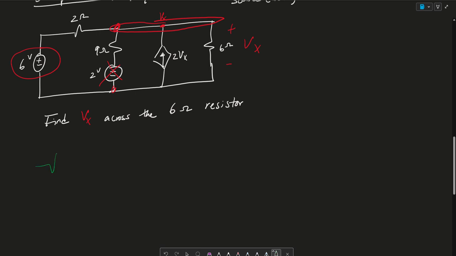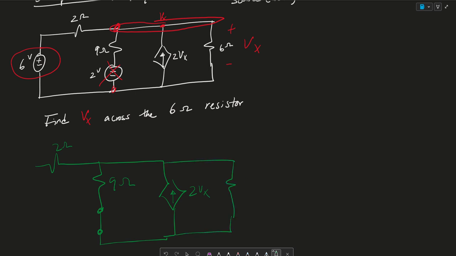It will look something like this. This is 2 ohms. This is 9 ohms. This is shorted, so it's just a short. This is that dependent source, 2 Vx. And this is 6 ohms.